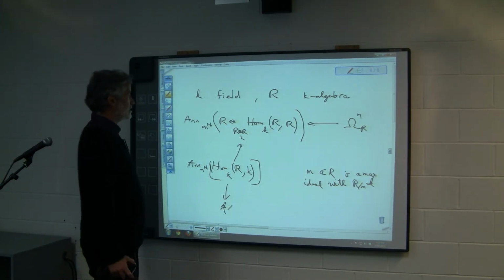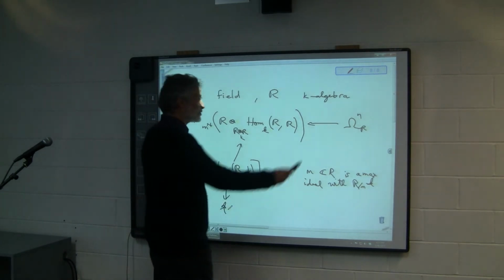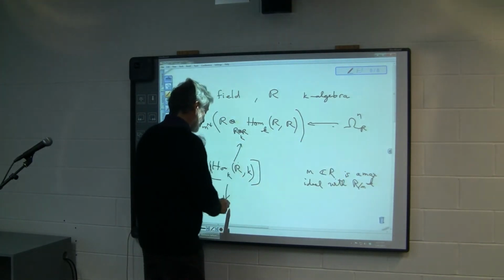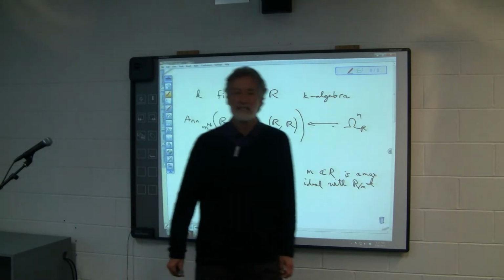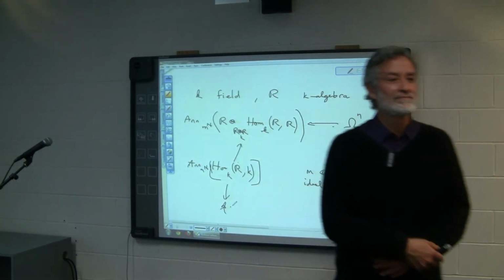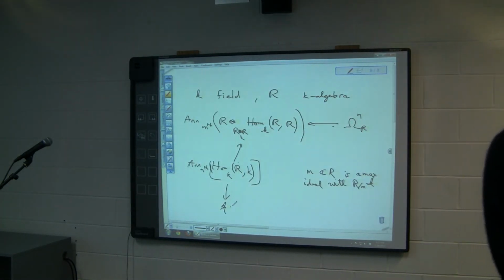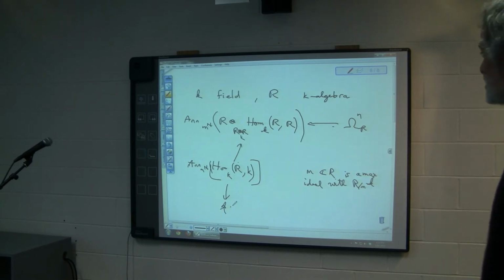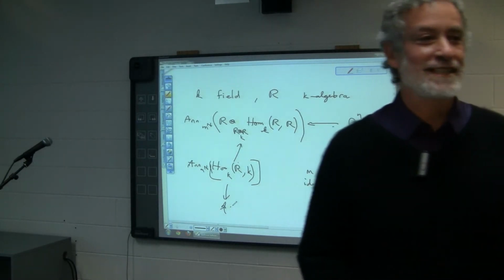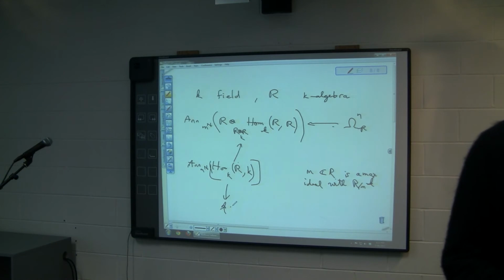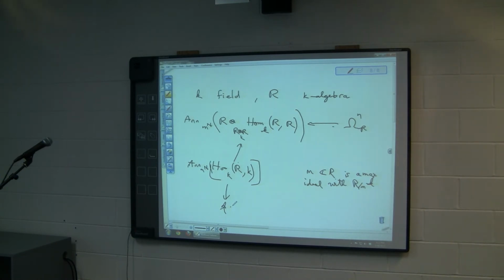And the magic fact is that if you go from here to there to there to there, it turns out that this is just taking residue. So here is a complicated way of describing the taking of residues in a totally functorial way. Okay, I should probably stop here. Thanks very much.